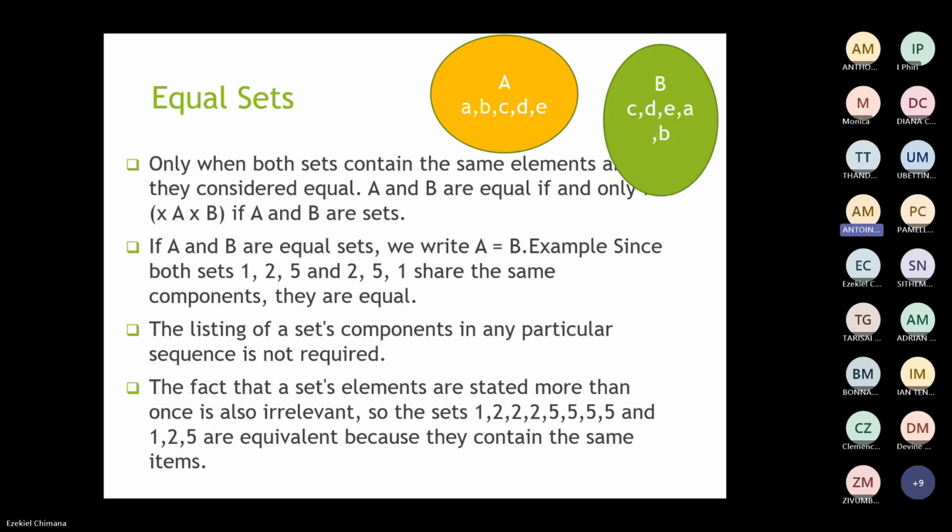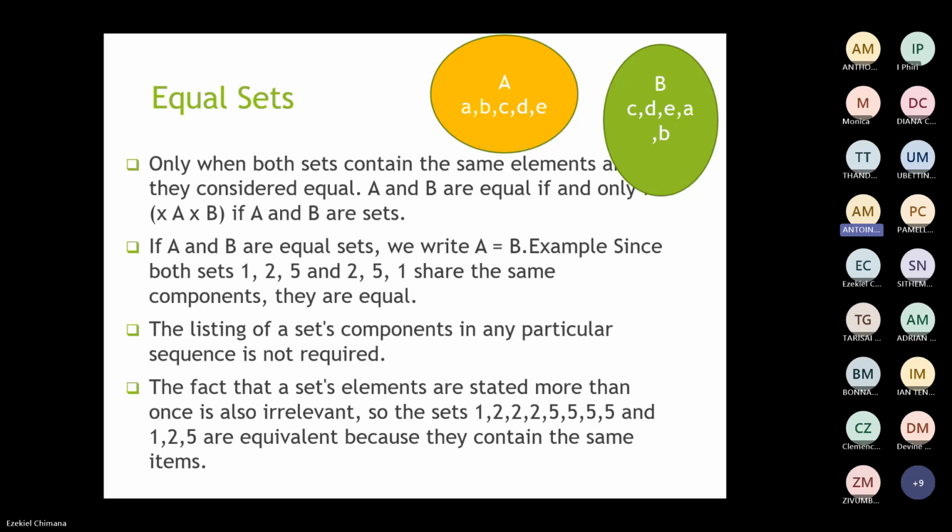Example: since the sets {1, 2, 5} and {2, 5, 1} share the same components, they are equal. The listing of a set's components in any particular sequence is not required.